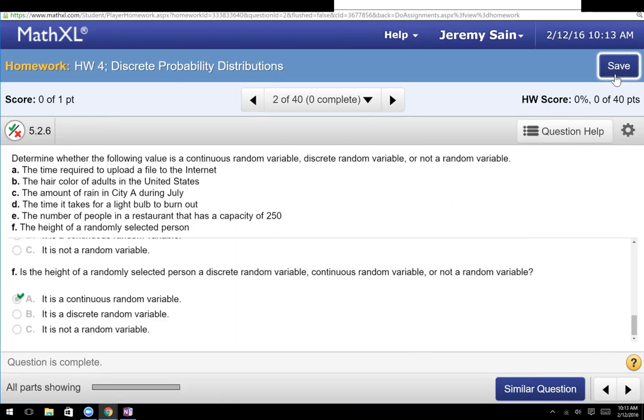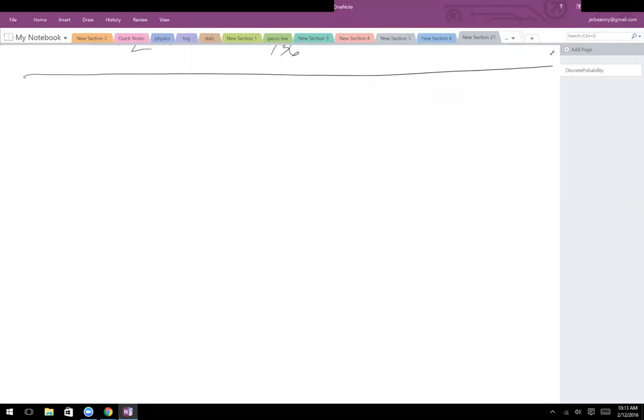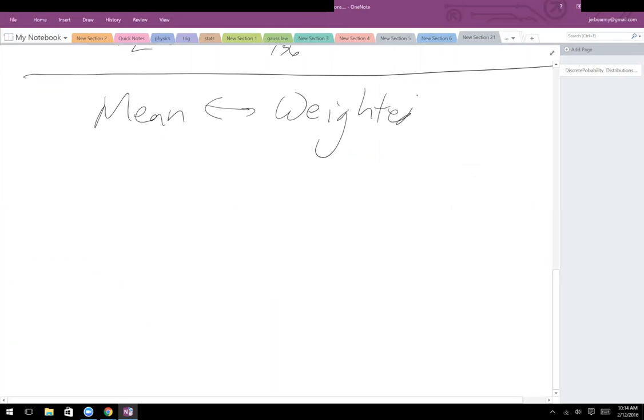Okay, well, while we're waiting for the internet to start working again, let me go ahead and tell you how to find the mean and standard deviation. So the mean works just like weighted mean. If you remember weighted mean, you add up all the possible answers times their weights and then divide by the sum of the weights.